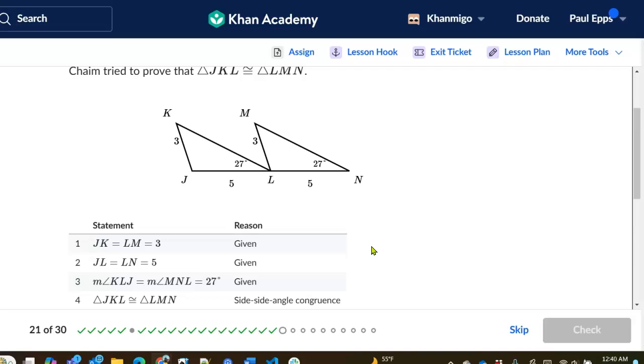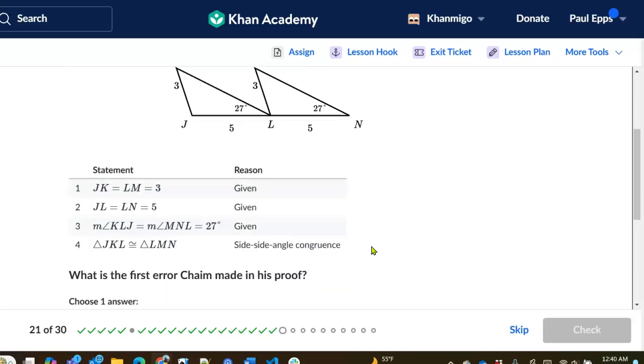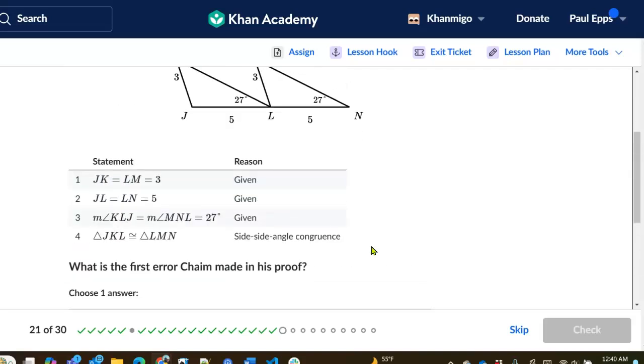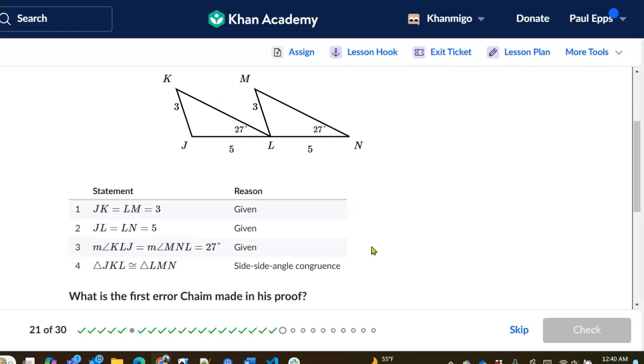Well, JK equals LM equals 3. Yeah, that's right. What's the first error? JL equals LN equals 5. Yes, that's given. KLJ equals MNL is 27. Given. All right. And then we have side-side-angle congruence.